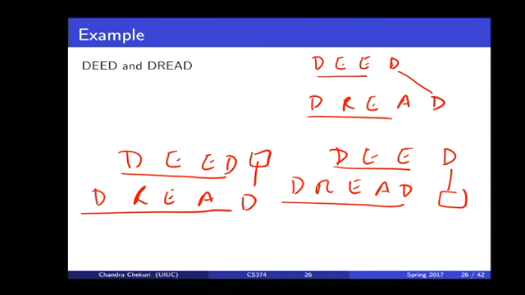Top D matches to blank, or top D matches to the bottom D, or bottom D matches to a blank. These are the only three possible assignments. So we try these three things and pick the best alignment cost out of these three.